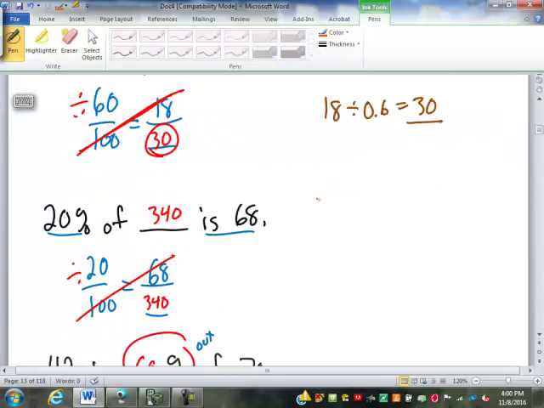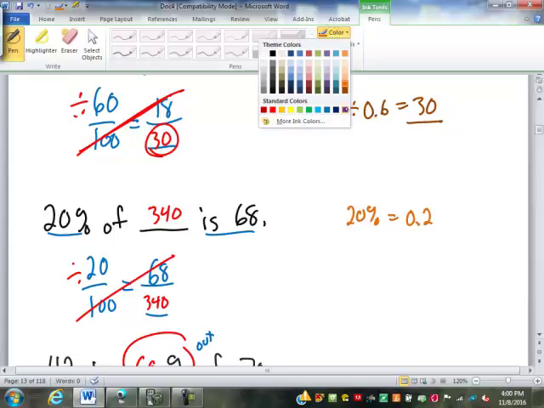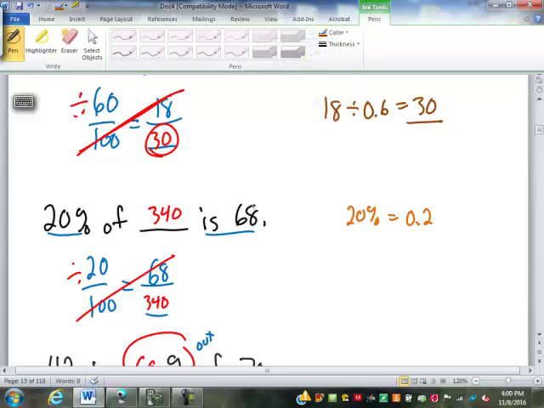Same with this next one. 20% is 0.2. But again, it is not 68 times 0.2. It's 68 divided by 0.2 to give us 340. So when we're doing the rate method, we change the percent into a decimal, but then we have to decide whether we're going to multiply by that decimal or divide by that decimal.